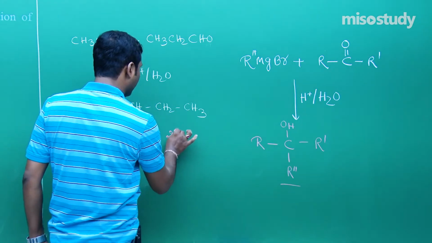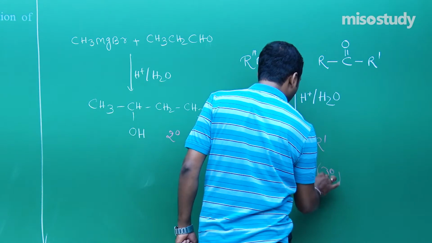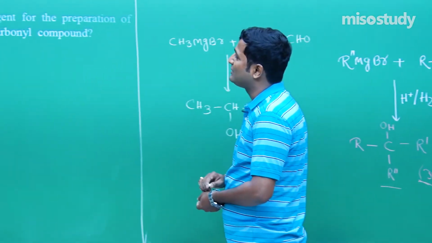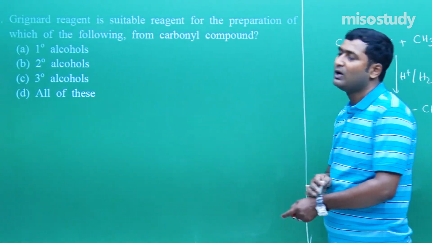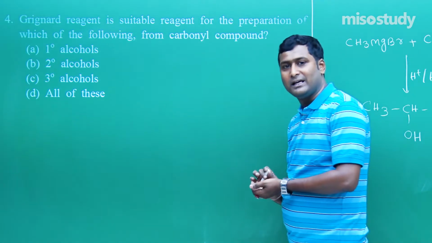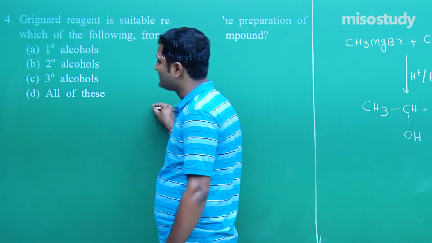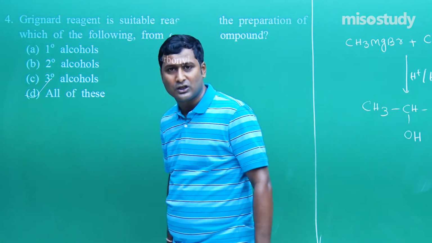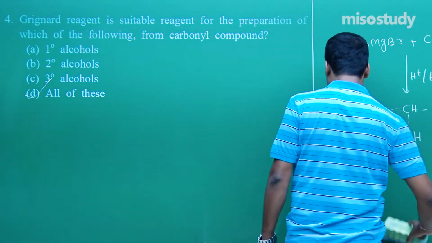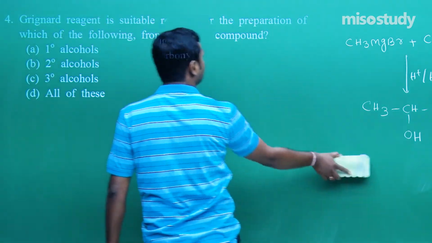This one is 2 degree, this one is 3 degree. Similarly, we can also form 1 degree alcohol. That is, Grignard reagent is suitable for the preparation of 1 degree, 2 degree and 3 degree alcohol. So for this case, we can say that it is all of this. D is the correct option. For question number 4, D is the correct option. Clear friend? Now I'm going to rub this part and we'll discuss the next one. Wait for a moment.